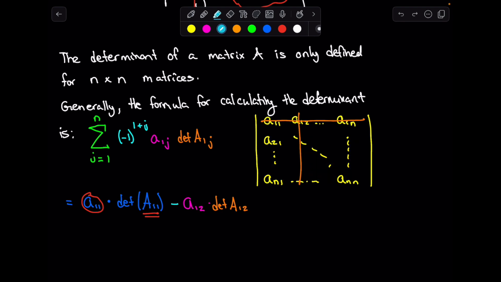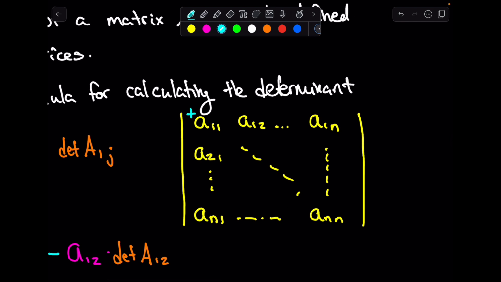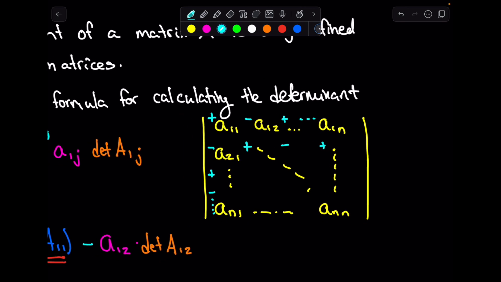So this is a very shorthand notation of how you approach it for larger matrices. In general, there's actually a trick for remembering this. If you follow the pattern, if I zoom in here, I can put a plus sign on the first one, a minus sign on the second one, a plus sign on the third one, dot, dot, dot, and a minus sign here and a plus sign here and a minus sign here, and it creates this alternating pattern.